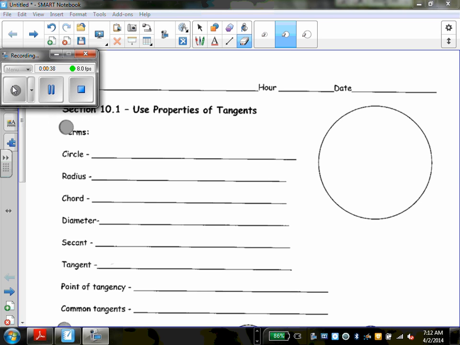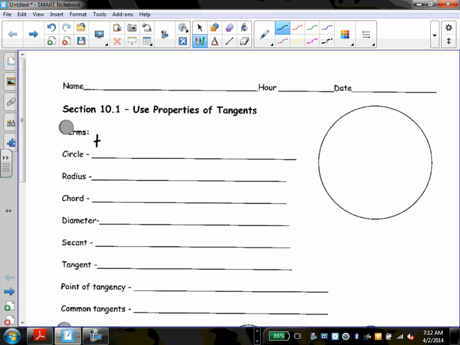But before we talk about a tangent line itself, we should start a little bit more at the basics. For example, what exactly is a circle? Well, you know what it is when you look at it, but mathematically speaking, a circle is the set of points equidistant.